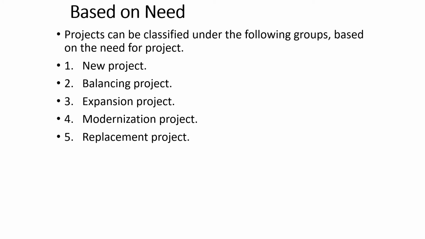Next is replacement project. That also is understandable. I believe you guys can remember the product life cycle. Every product has phases: introduction, growth, maturity, decline, and demise. Whenever the decline phase is there, we can remember the BCG matrix also, wherein there were four categories of companies: stars, dogs, cash cows, and question marks.